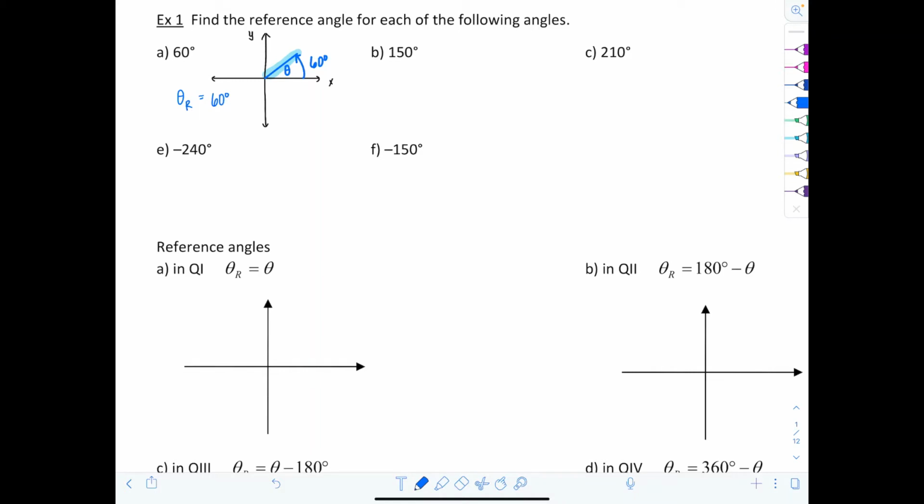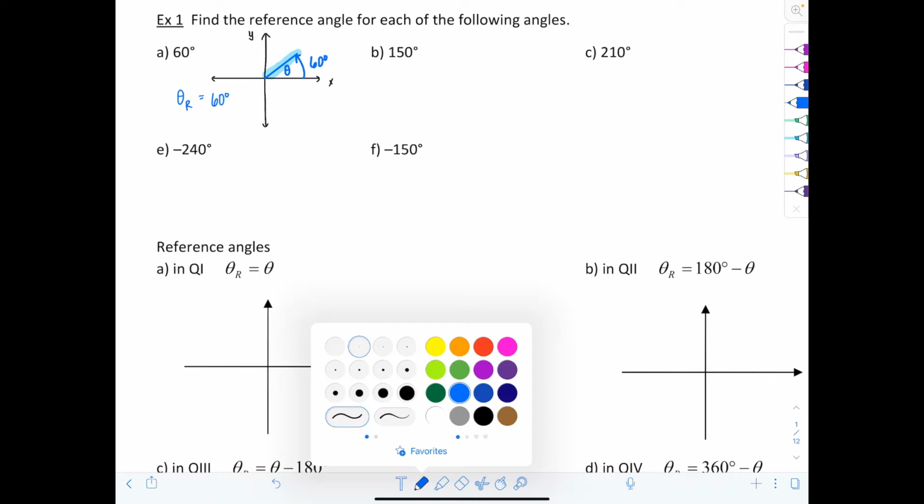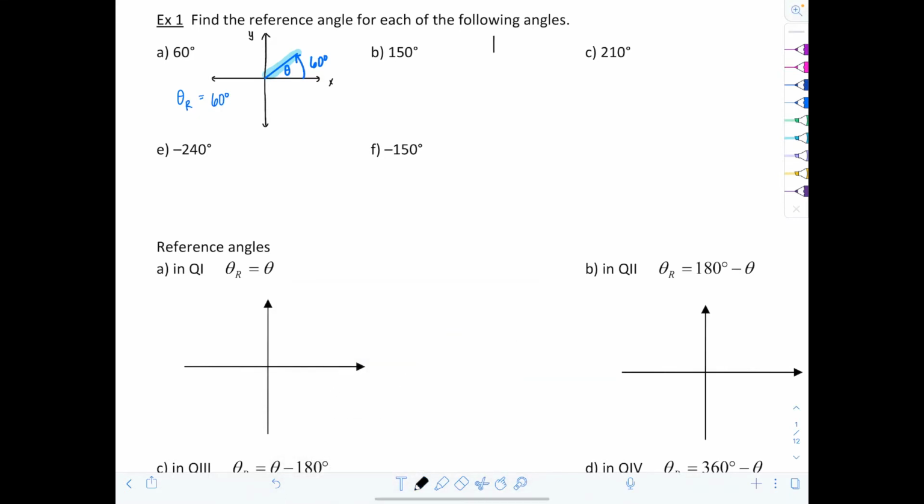Okay, let's look at an example where they're not necessarily equal. So 150 degrees, that's our original theta. Let's see where that's going to end up. Starting at the positive x-axis, I'm going to rotate counterclockwise.